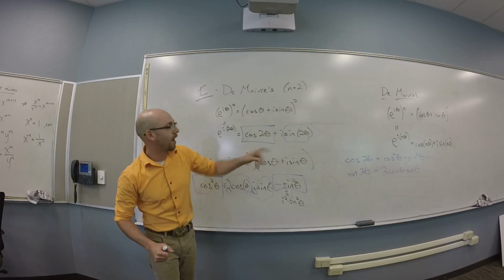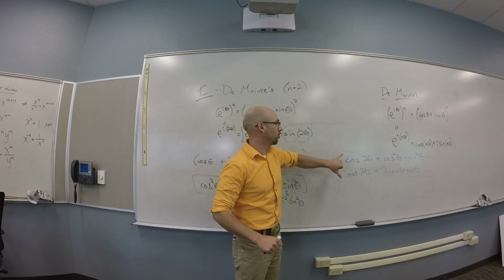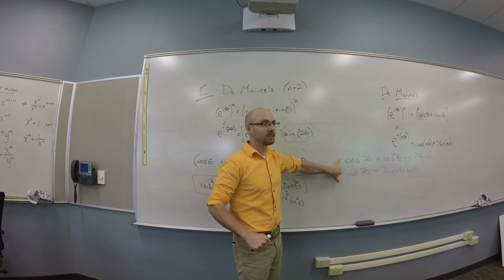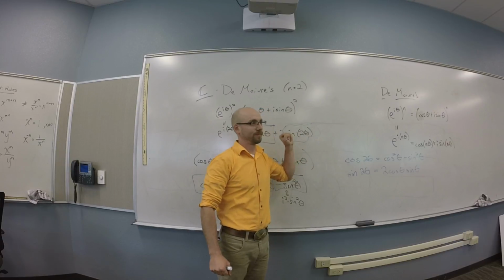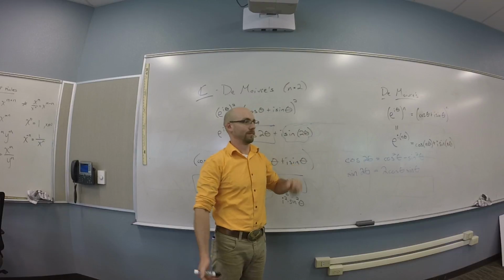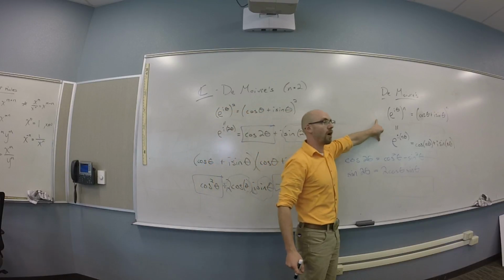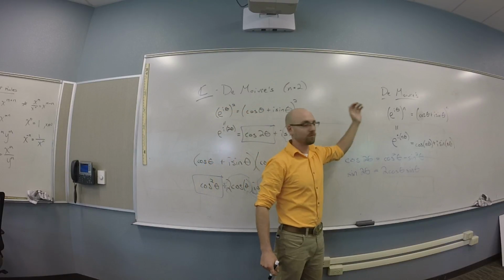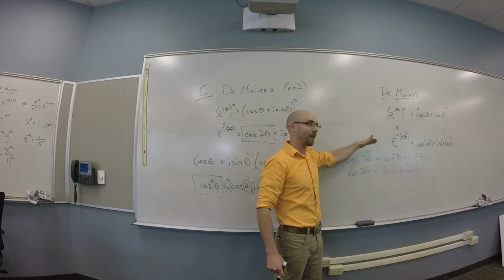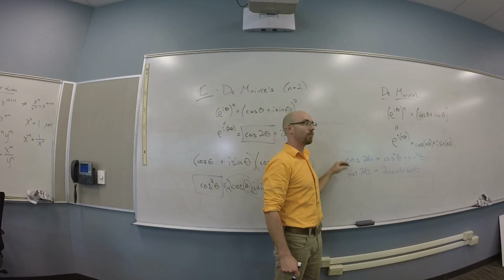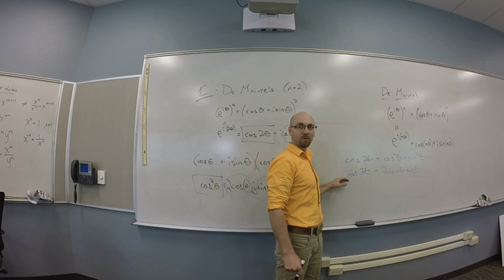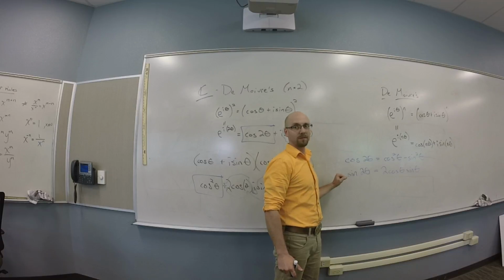All right, so out of de Moivre's for n is 2, we managed the double angle identities. Where would you get the triple angle identities if you wanted them? Do de Moivre's for n is 3, gather the real parts up, gather the imaginary parts up. You'll get two things: one will be for cosine of 3 theta, the other one for sine of 3 theta. You guys cool with that?